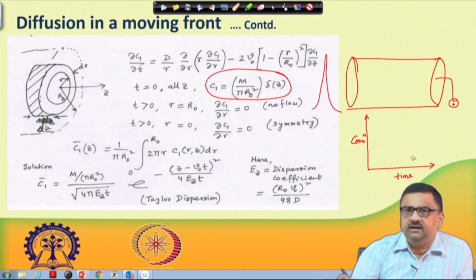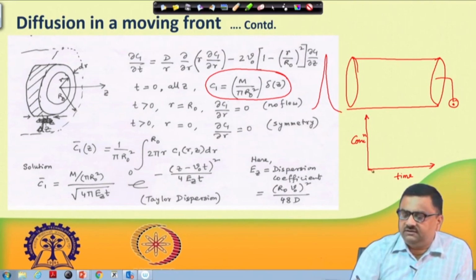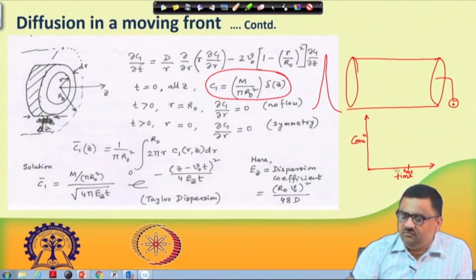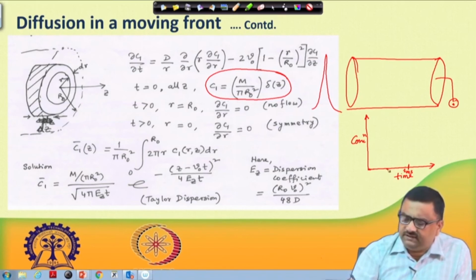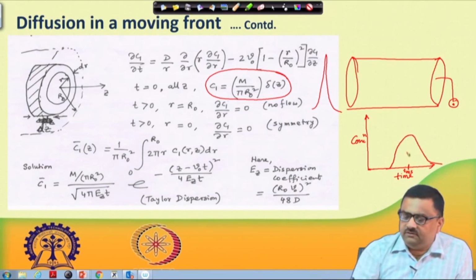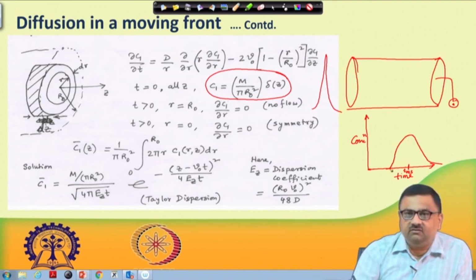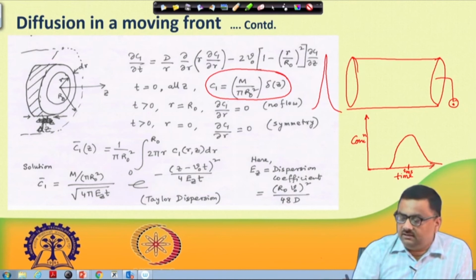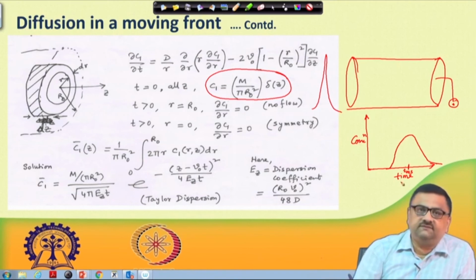When you start, the concentration is all 0, because it takes some time, and then typically around the residence time, which we have already talked about, a little bit before the residence time you see the concentration start building. So before the residence time is reached, you get something at the outlet, and after the residence time also something, and then it goes to 0. This is how you get concentration as a function of time.